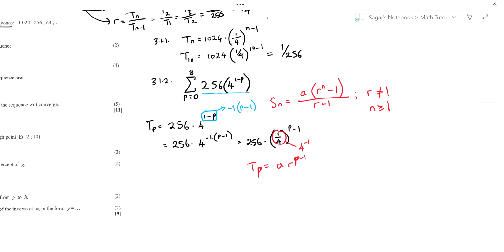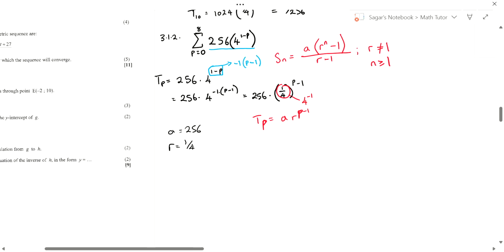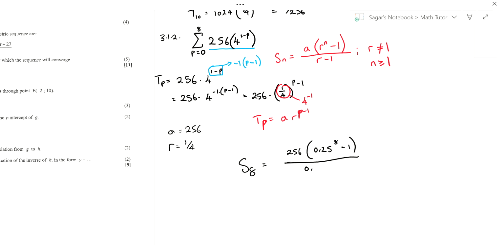So A is equal to 256. R is equal to 1 over 4. And now we can use the summation equation. S8 is equal to 256, open brackets, a quarter. I'm going to write 0.25. It's the same thing. All over a quarter minus 1.